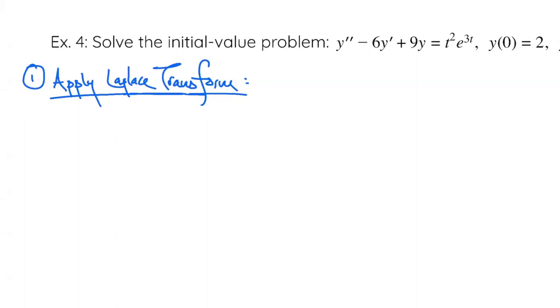Lowercase y is like our lowercase f of t, whereas the uppercase stands for the Laplace transform part, okay? So again, most of you were pretty good about that on the homework, but there might be one or two of you that want to be a little bit more cautious on that, okay?